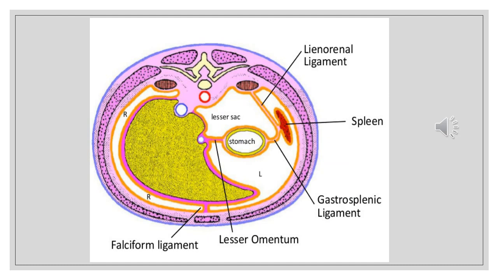In this picture also, the development and attachment of the ligaments are clear, and the cranial-most part of this dorsal mesogastrium forms the gastrophrenic ligament.